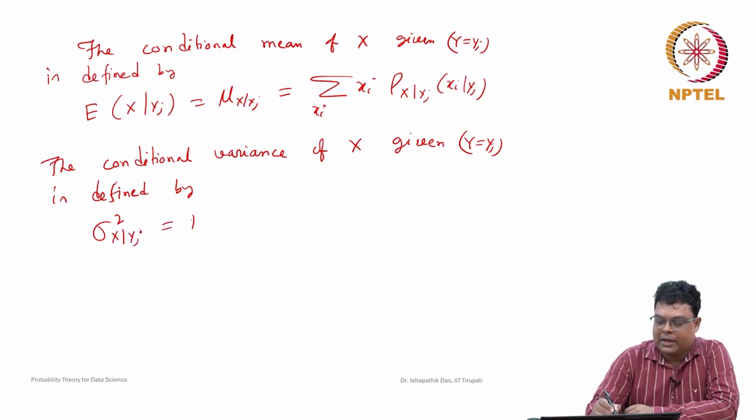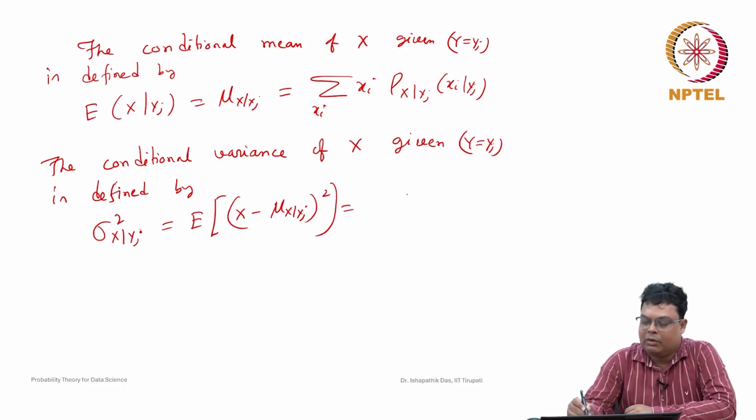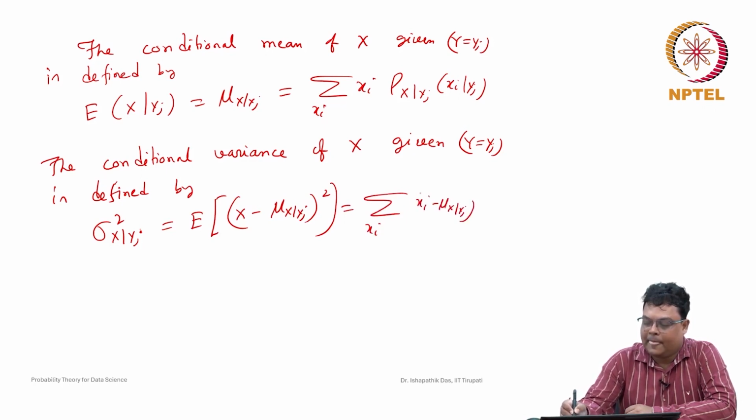So this is defined by the expected value of x minus mu of x given yj whole square, and we can write it in summation form: the sum over all the possible values of xi, xi minus mu of x given yj whole square, into the conditional probability mass function of x given y, xi given yj.